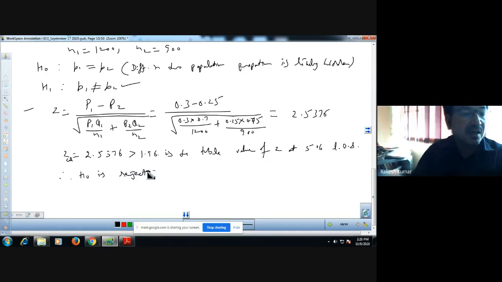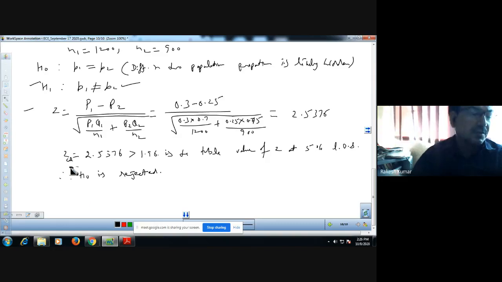If the null hypothesis is rejected, then the alternate hypothesis is accepted. So it means P1 should not be equal to P2. What does it mean? It cannot be hidden. What cannot be hidden? The difference in the two population proportions cannot be hidden. It means the samples will reveal it.